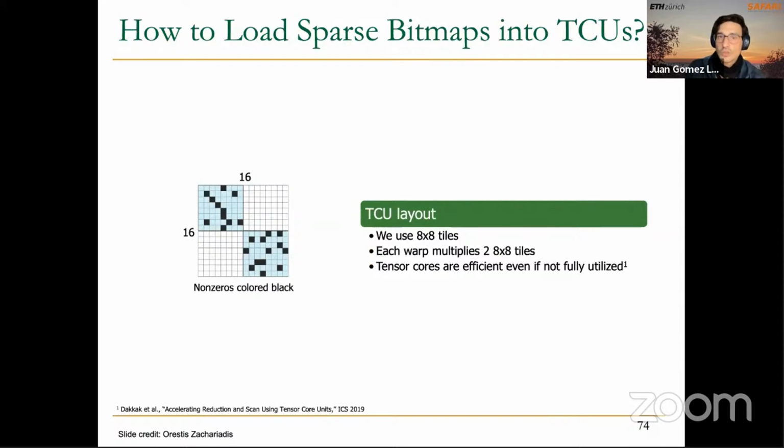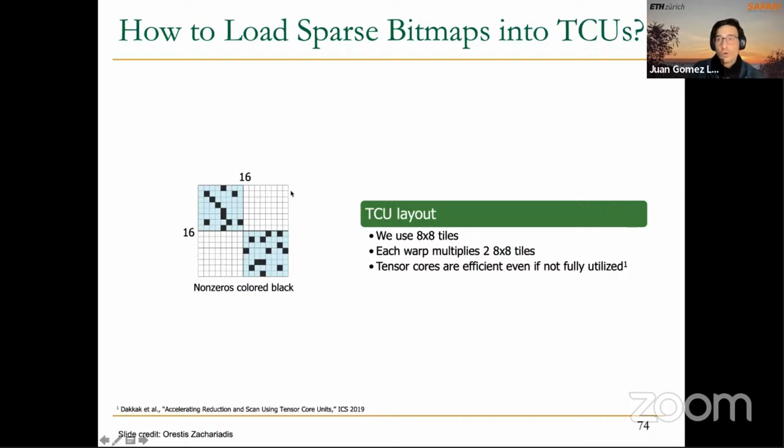And now each of these tiles that we are creating are the tiles that we are going to use to fit the tensor core units. As you remember, a tensor core unit performs a matrix multiplication of two small submatrices or tiles and stores the result in an output tile. In the TCU terminology, these are called fragments, as you may remember.